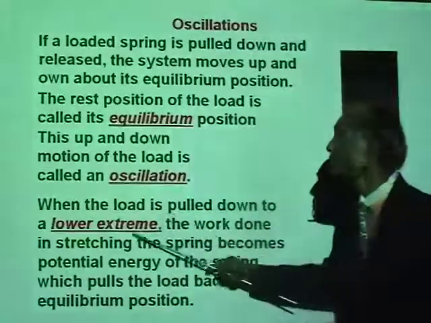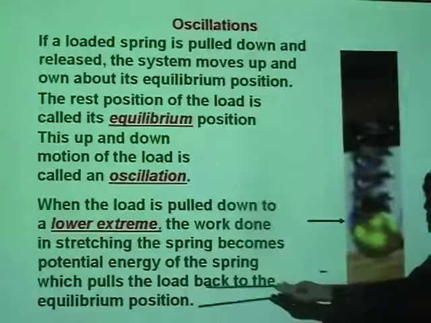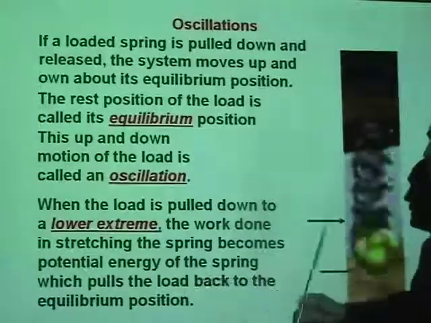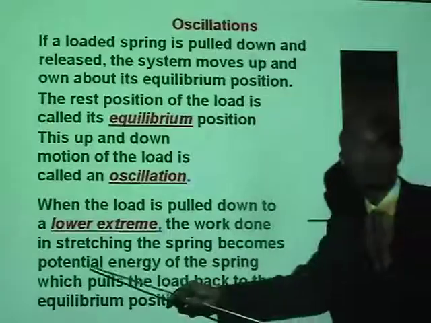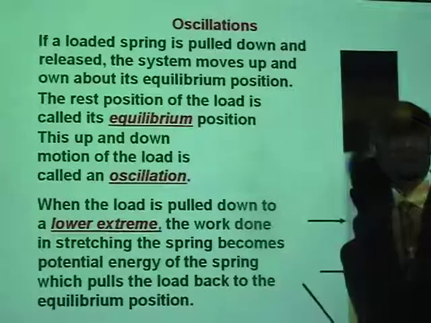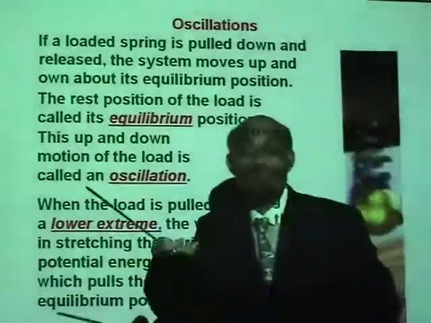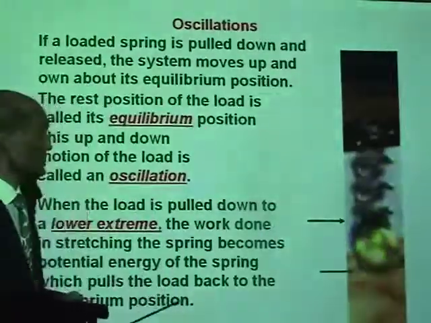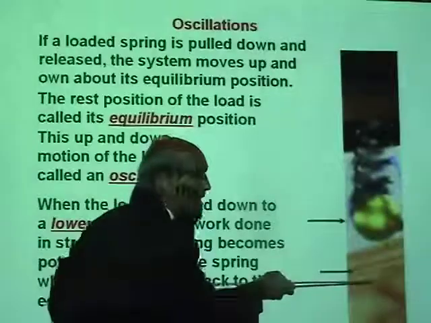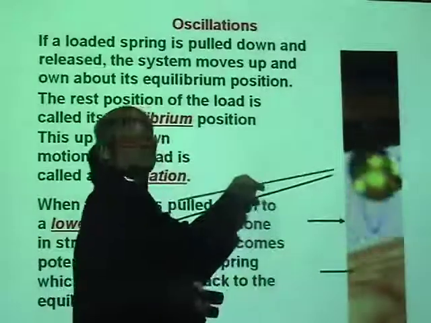When the load is pulled down to the lower extreme, the work done in stretching the spring becomes potential energy of the spring, which then pulls the load back, giving it kinetic energy. That means the load will now rush back to the equilibrium position. Alright?